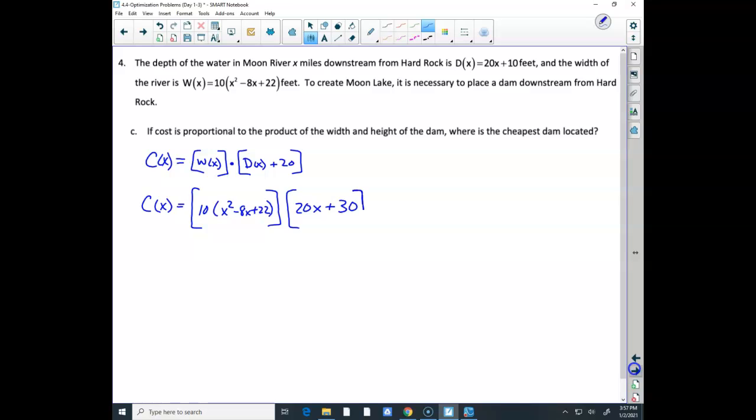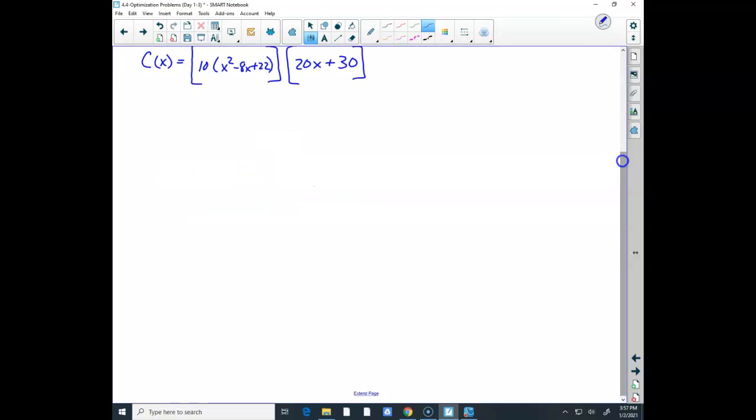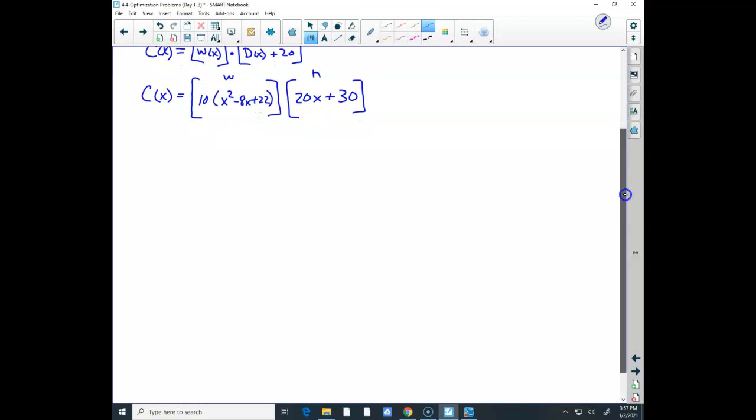And if I add the 20 to it, there's my width, and here's my height of the dam now. And this is what I want to optimize, okay? I can multiply that all out together if I wish, or I can just take it as a product, whatever you really want to do here. I'm going to take it as a product.